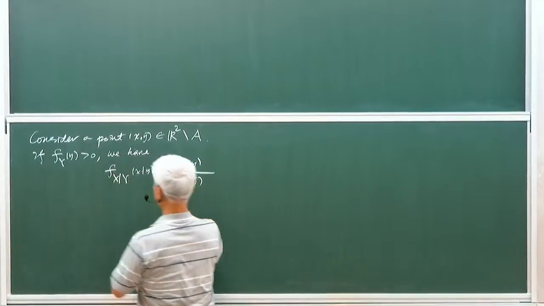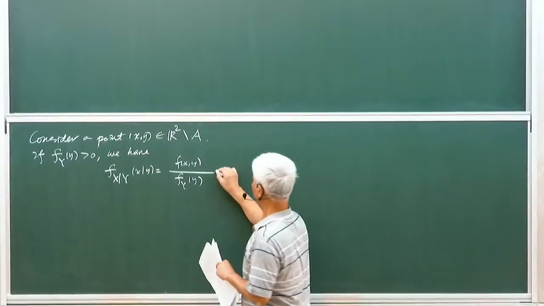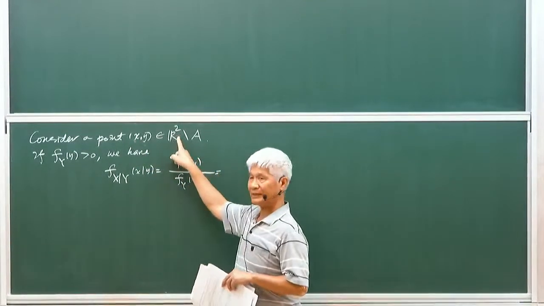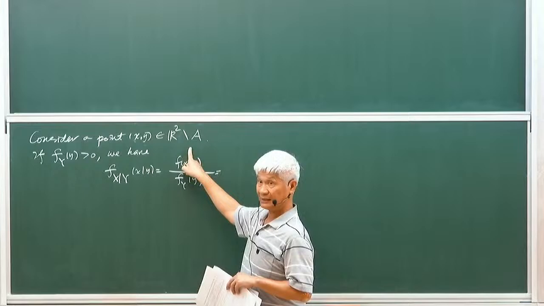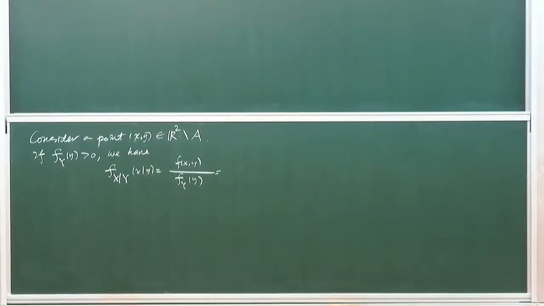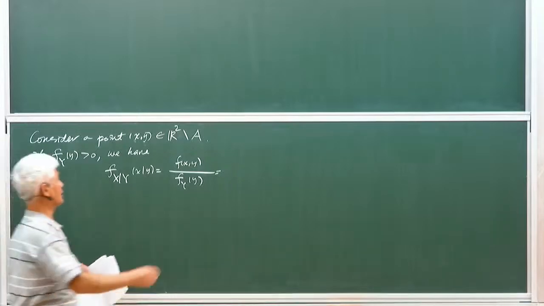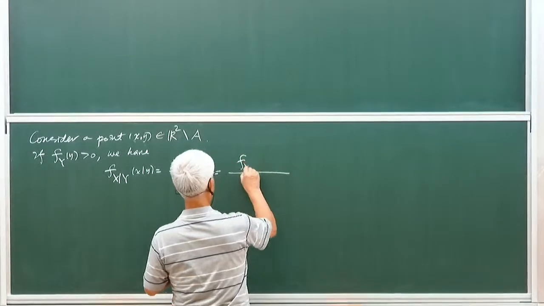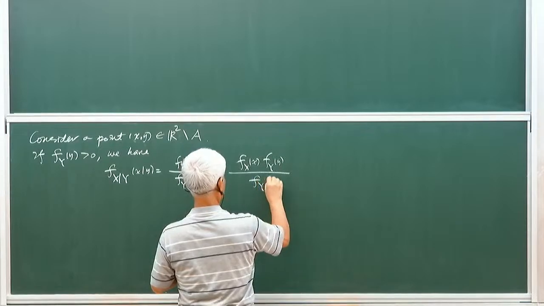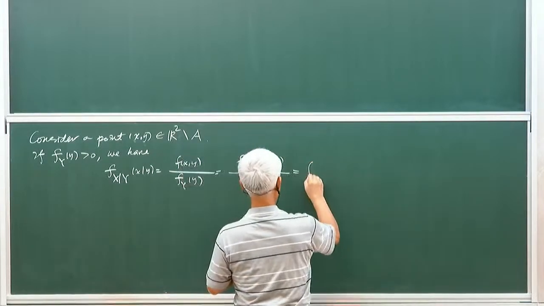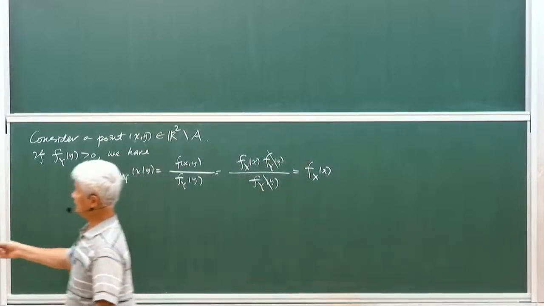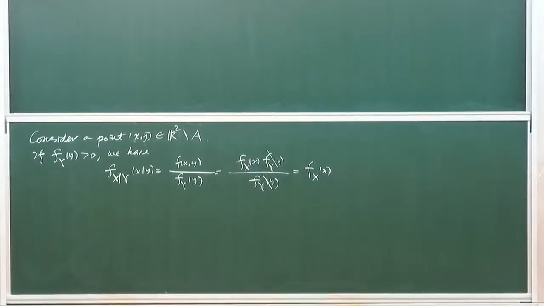But because the point is selected not in A, the identity holds, so we can cancel them. So we establish the identity for this case.